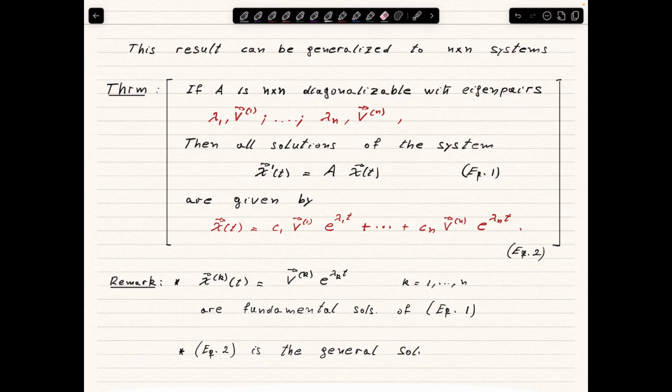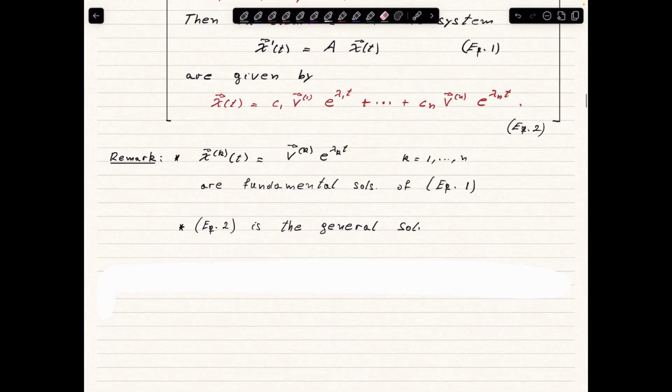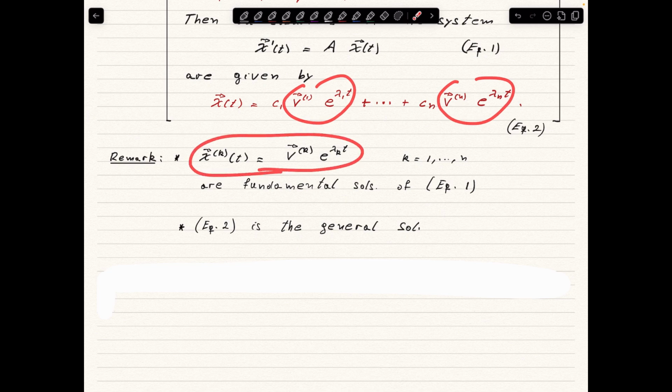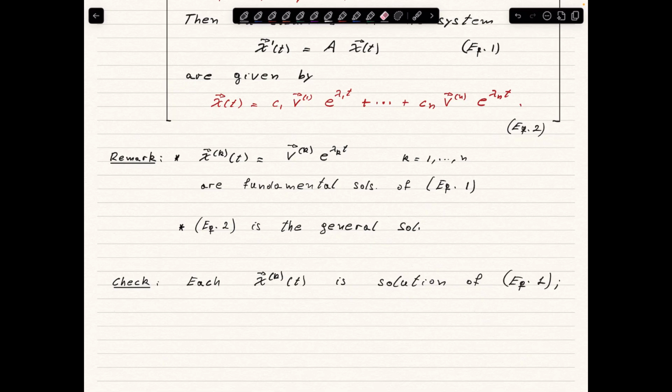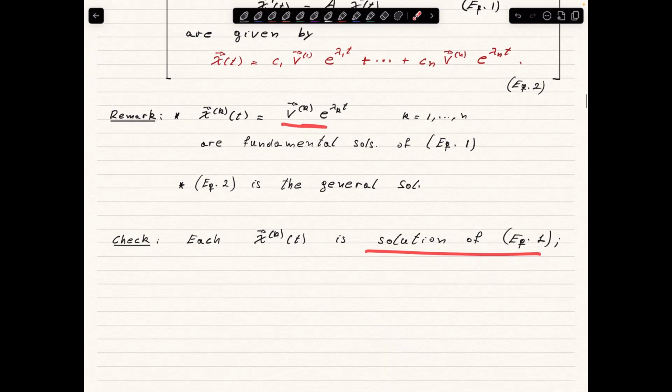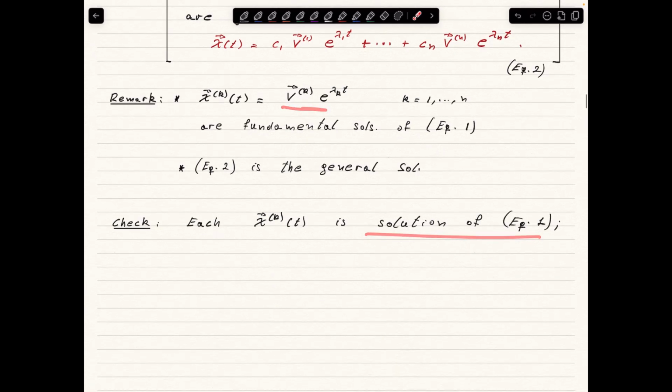And it's clear that each one of these terms is actually a solution of the differential equation, but it is useful, at least once, to do the calculation to see how this works.